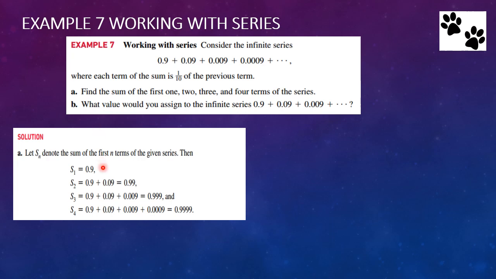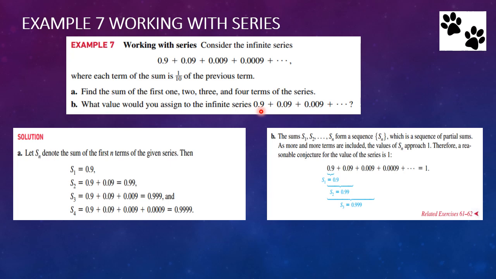If the first member is 0.9, and I sum the first 2 members, I get 0.99. The first 3, I get 0.999. And of course, if I sum all 4, I get 0.9999. Pretty straightforward, since each time the 9 is moving over 1 decimal place. Based upon what I'm seeing here, what would we assign to the value of the infinite series, which of course is the sum of all the members?